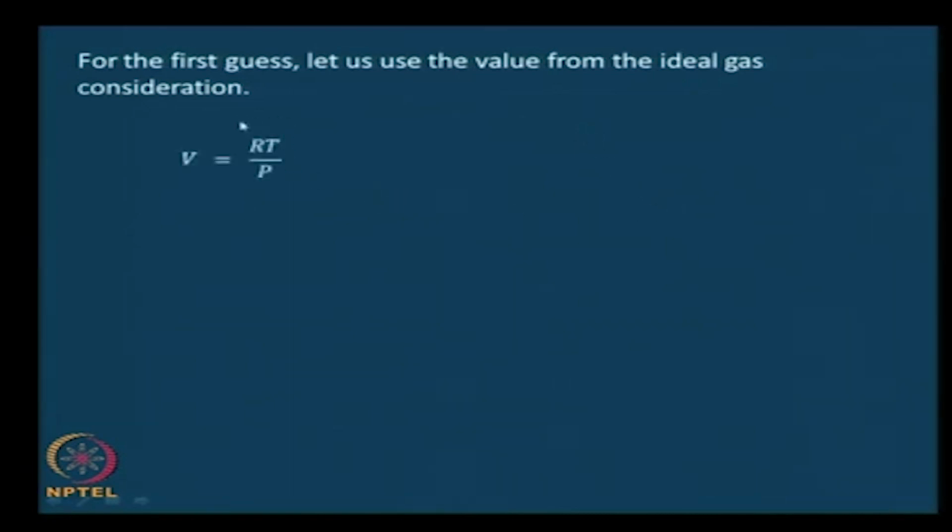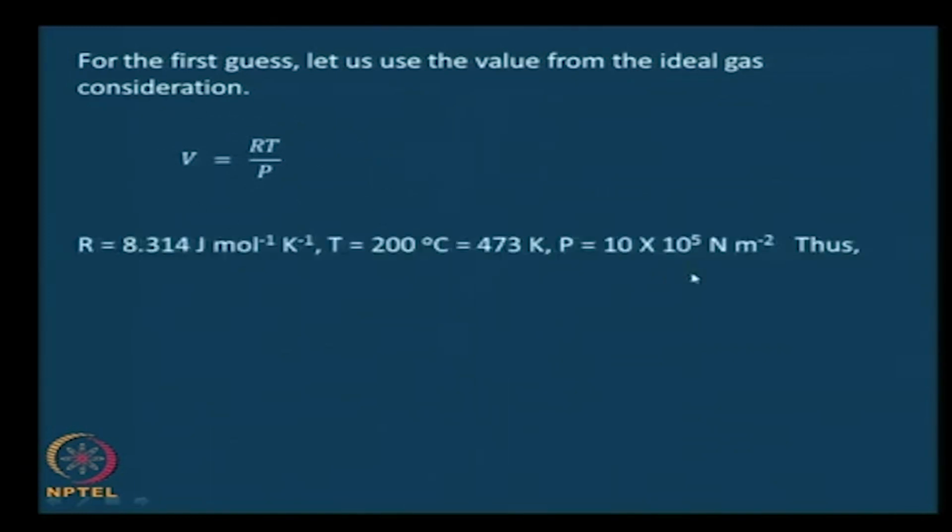Therefore, V equals RT by P from the ideal gas equation, and if we substitute the values in this particular exercise, R, as we all know, is 8.314 joules per mole per Kelvin. T was 200 degrees C, but we know that we need to use T in Kelvin, so we add 273 to it to get 473 Kelvin, and pressure was 10 atmospheres.